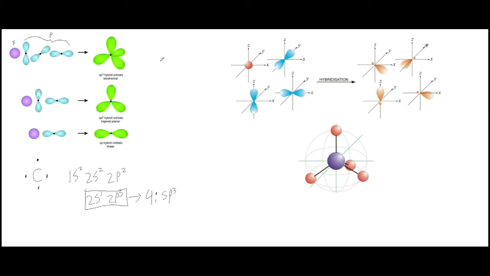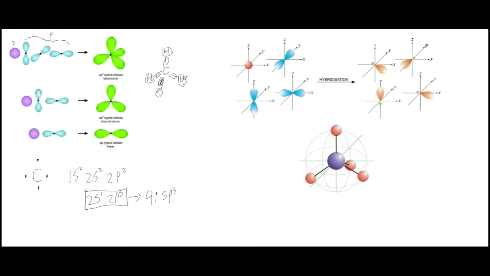in the carbon. For instance, when we had carbon with 4 hydrogens on it, like this, that's why we have this tetrahedral shape, because this carbon has these 4 hybrid orbitals, which are then bonding with the s orbital on these hydrogens.